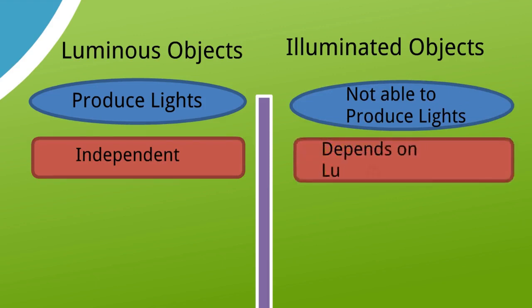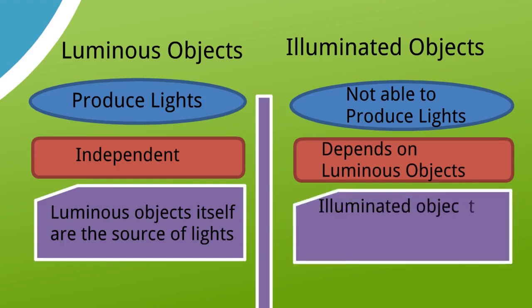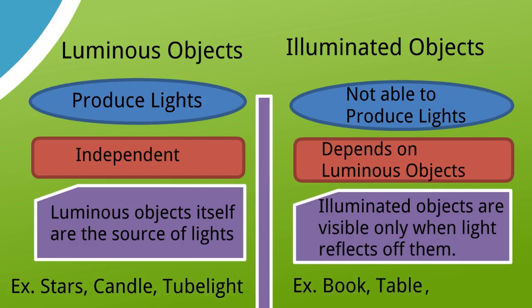Illuminated objects depend on luminous objects. Luminous objects themselves are the source of light. Illuminated objects are visible only when light reflects off them. Examples: luminous objects, stars, candles, tube light. Illuminated objects: book, table, tree, stones.